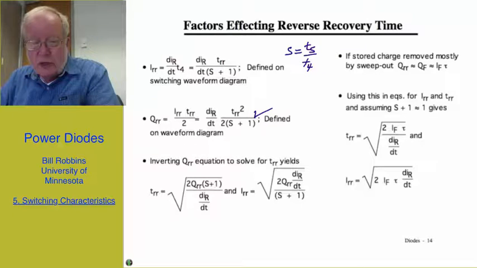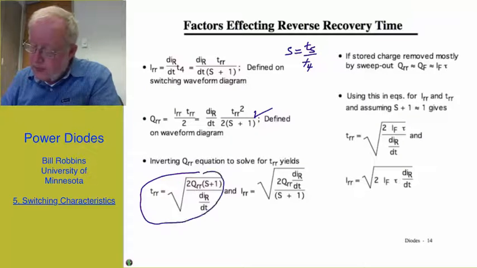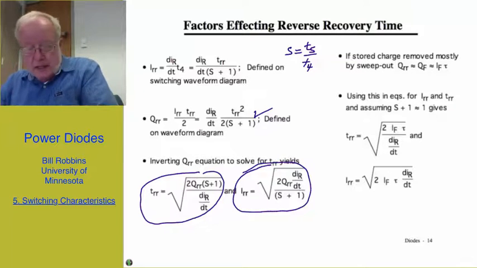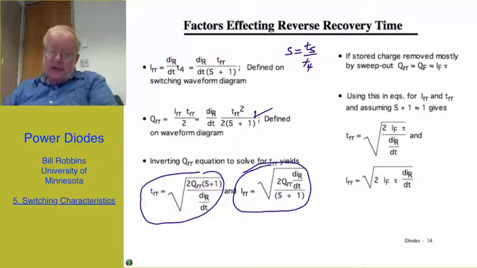And if I invert those two equations and solve for T sub RR and I sub RR, I can get this expression for T sub RR and this expression for I sub RR. There's really no physics involved here, it's just the definitions that we have used on these waveforms, but they're significant in the following way. T sub RR depends on 1 over the square root of dI_R/dt.